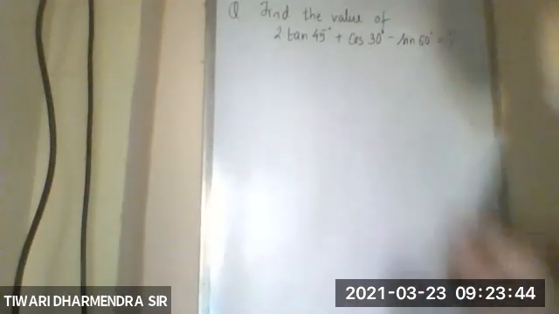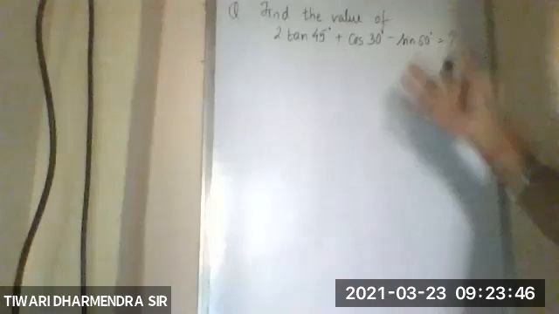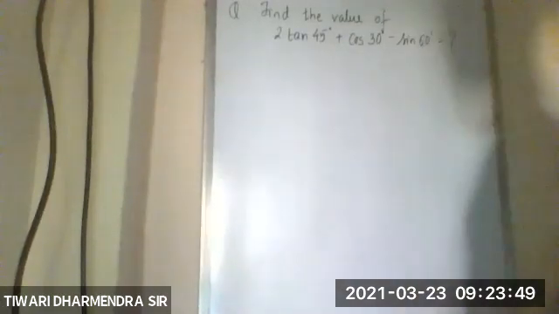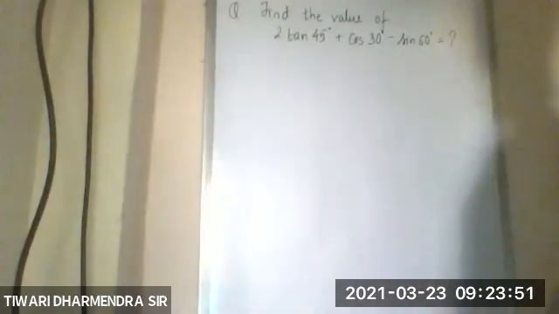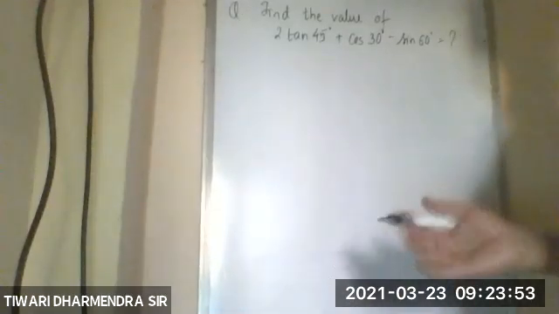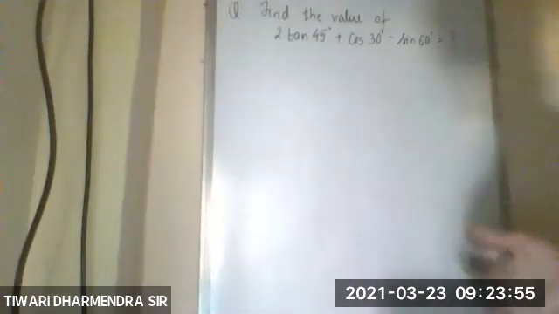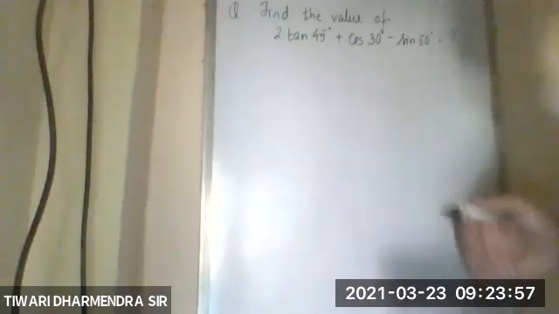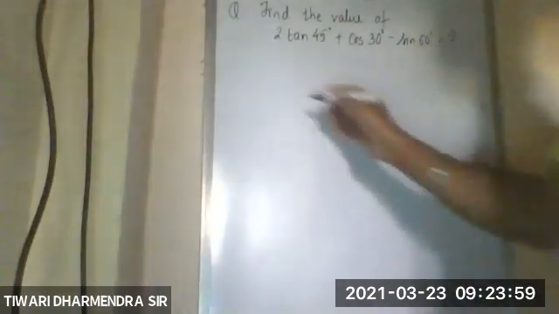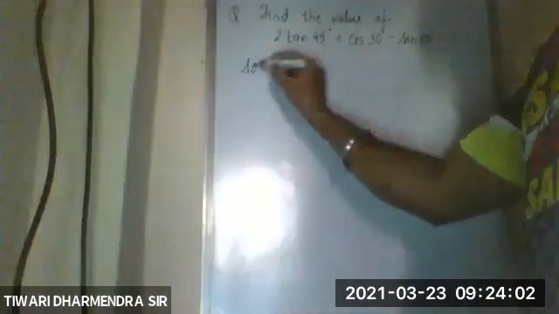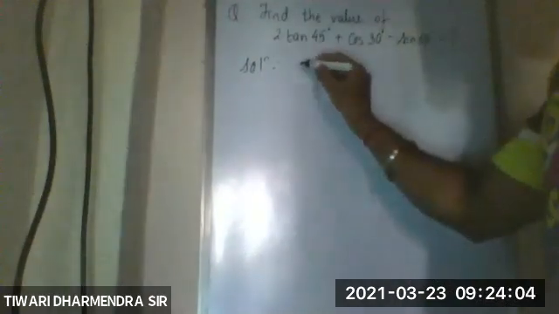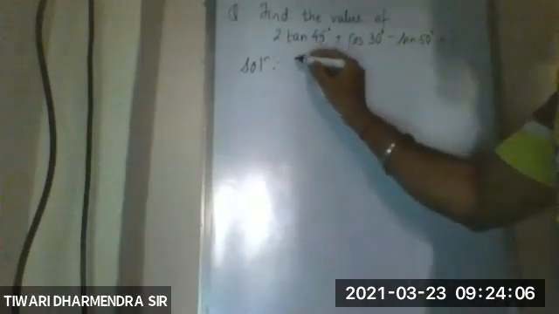In order to get the answer to this problem, we should have the values of the table. It is your revision class, and I know that you all know these values. So let's start the solution.